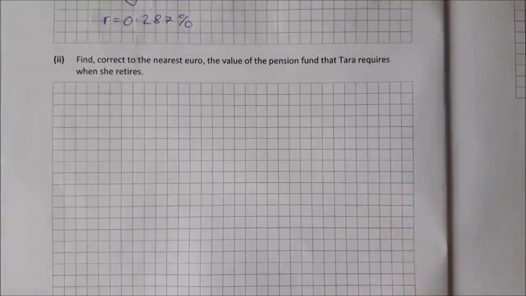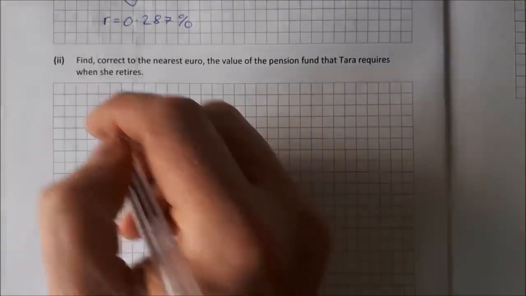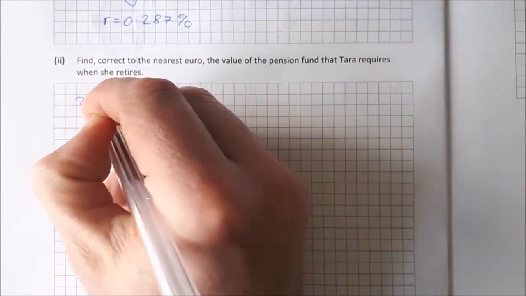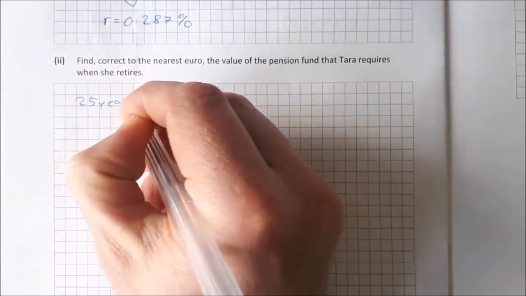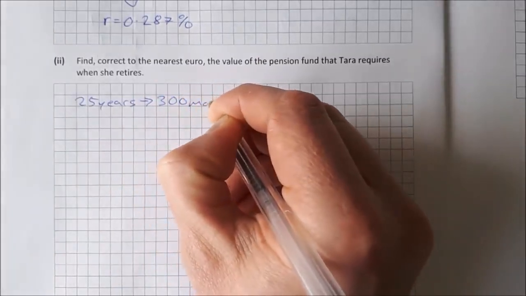Part 2. Find, correct to the nearest euro, the value of the pension fund that Tara requires when she retires. So her pension fund, she wants it for 25 years, which is 300 months.